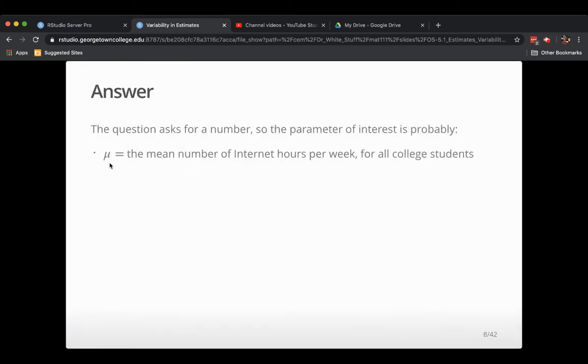The way you might define it is that the parameter you're interested in is mu, and it's equal to the mean number of internet hours per week for all college students. So it's a number that we don't know because we don't have data for all students in the population. It is a number that we might estimate through a sample.